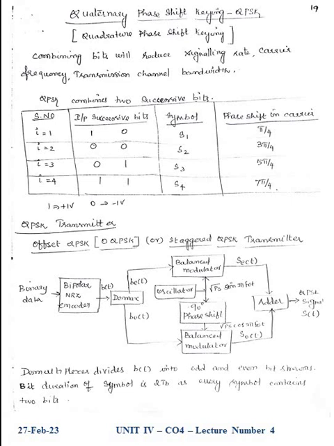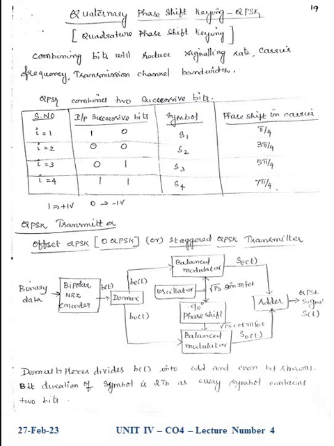So this is QPSK. QPSK means quaternary phase shift keying or quadrature phase shift keying. From the name itself, we can say that four phase shifts are going to be introduced in this technique. According to the definition, phase shift keying means we are going to modulate the phase of the high frequency carrier.